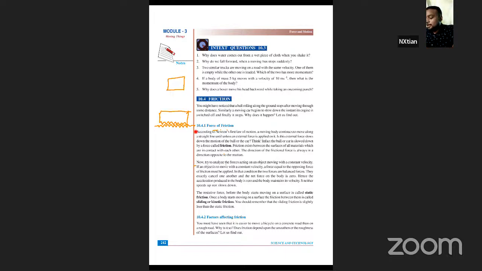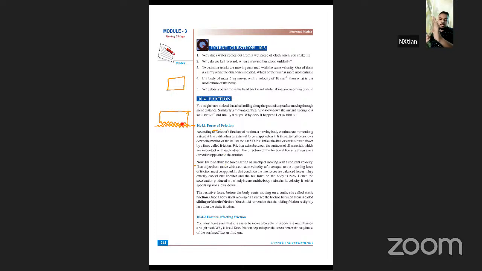Okay, no problem. Now there are two types of friction. The first is static friction, and the second is kinetic friction. If you see, this object is at rest, interlocked like this. So right now, static friction is working on it.